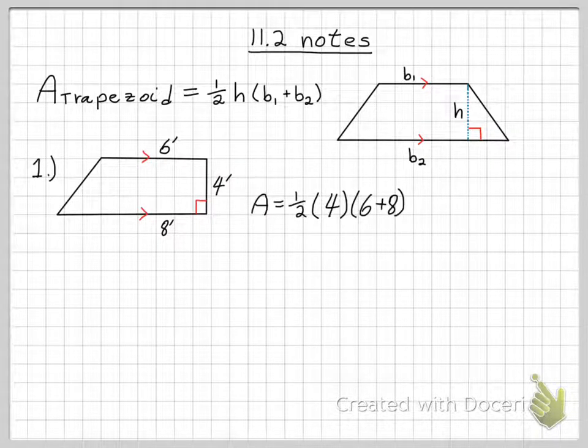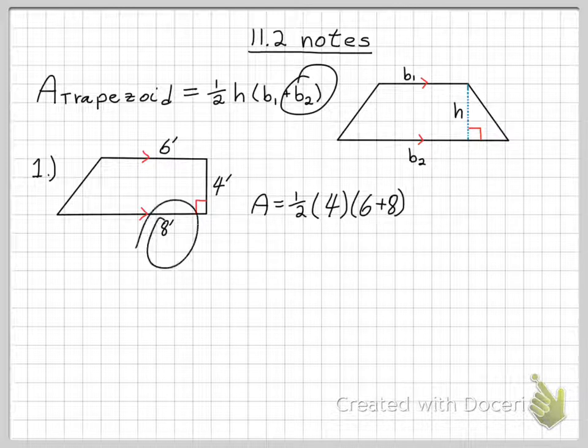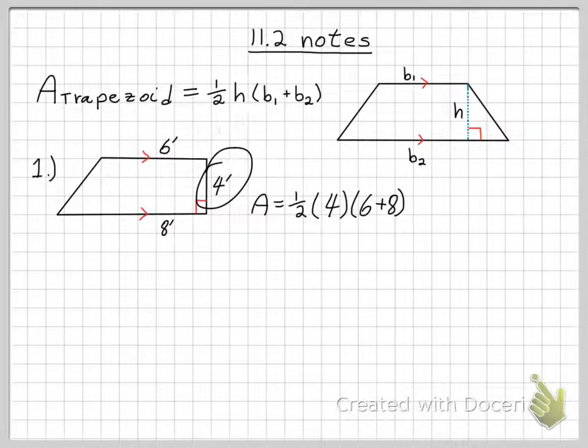Okay, so the formula for the area of a trapezoid is 1/2 times the height times quantity base 1 plus base 2. So I substitute in the various values. Here's the first base, so that goes in there. And then we have base 2, the other base value, so that goes in there. And then the height gets substituted right there, so that's where I get the 4 from.